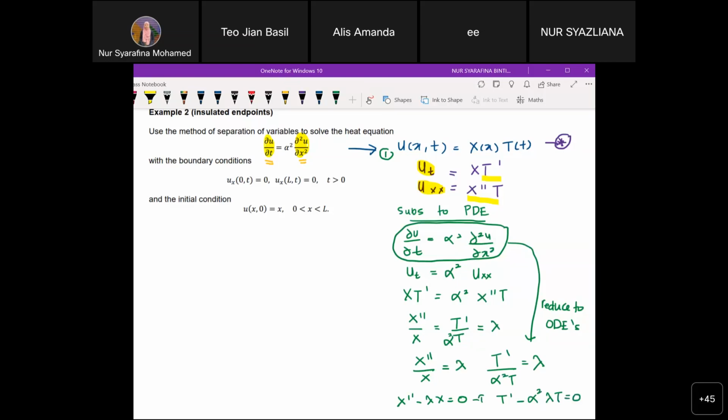So we have the first equation, we have the second equation. So we have two ODEs now. Okay, clear now? Any question? So far so good? Same process as the previous example.